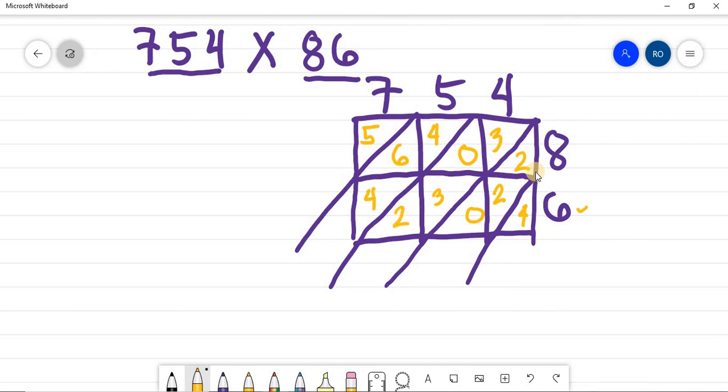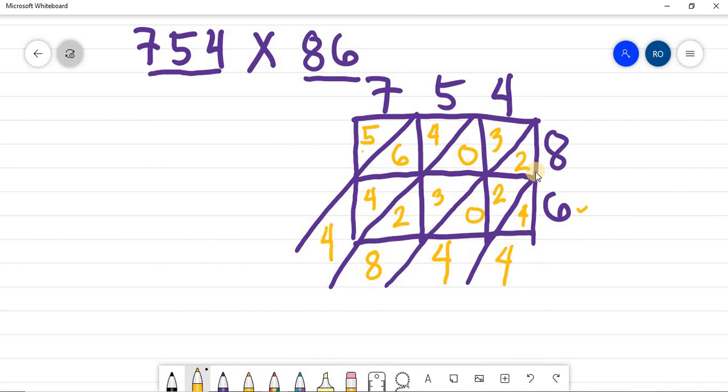Now let's add the diagonal set of numbers. We have 4, nothing to add with 4, so let's write 4. Now let's proceed to the next set of numbers. 2 plus 2 is 4 plus 0 is 4. And we have 3 plus 0 plus 3, 6 plus 2 is 8. And we have 4 plus 6 is 10 plus 4 is 14.